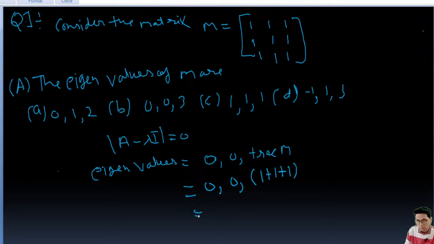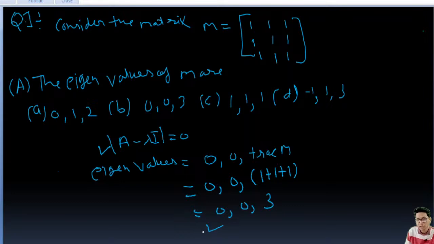So the eigenvalues are 0 comma 0 comma 3. So this is the answer. Yes, the sum of diagonal elements, that's correct. You can also try solving this question by the general method as well. You will get the same answer.